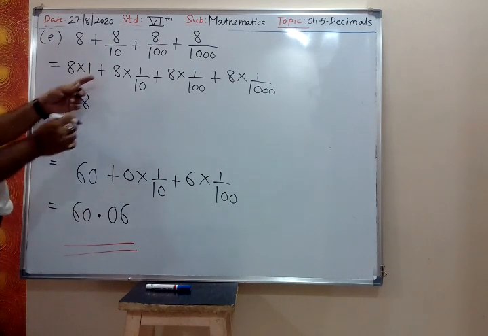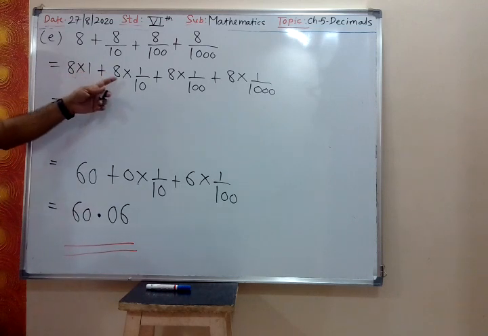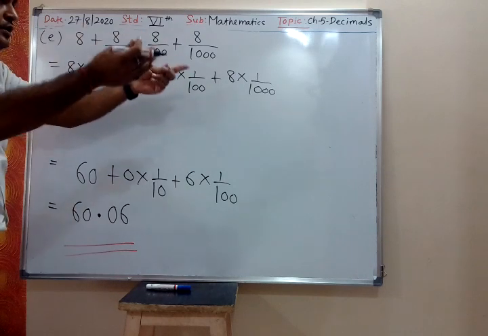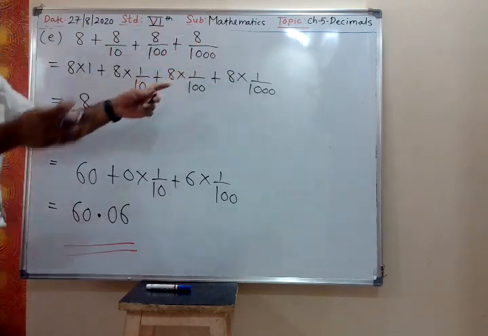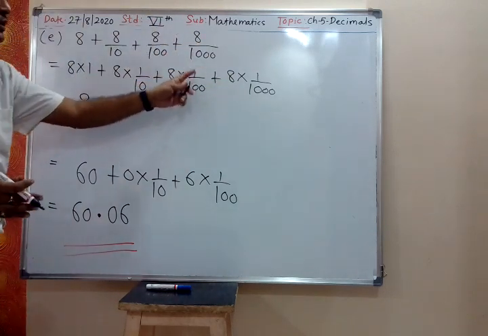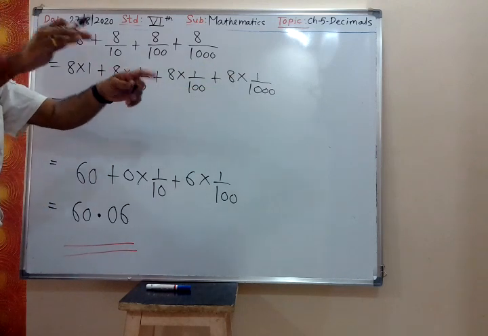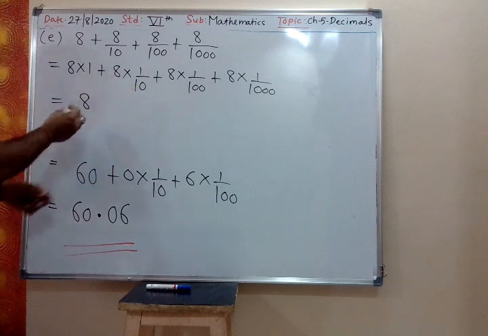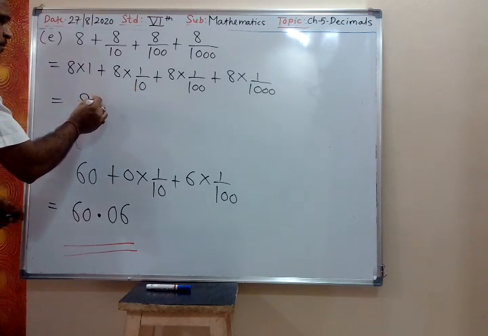Then after this 8, this is 10th position, 100th position, 1000th position, that we write after decimal. So before 10th position, I will put one decimal dot.